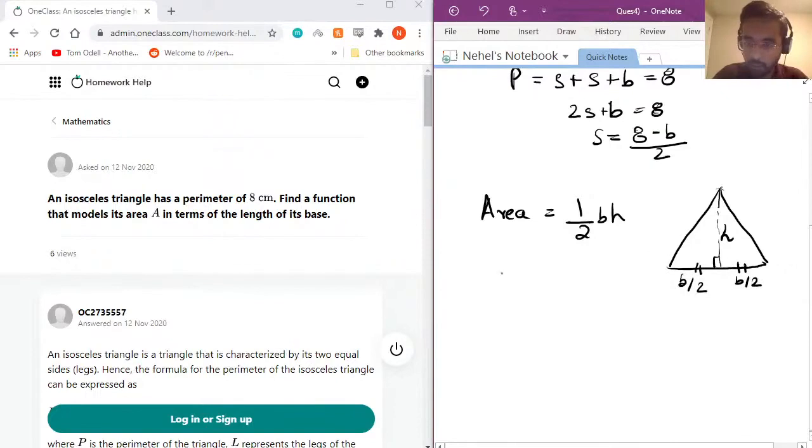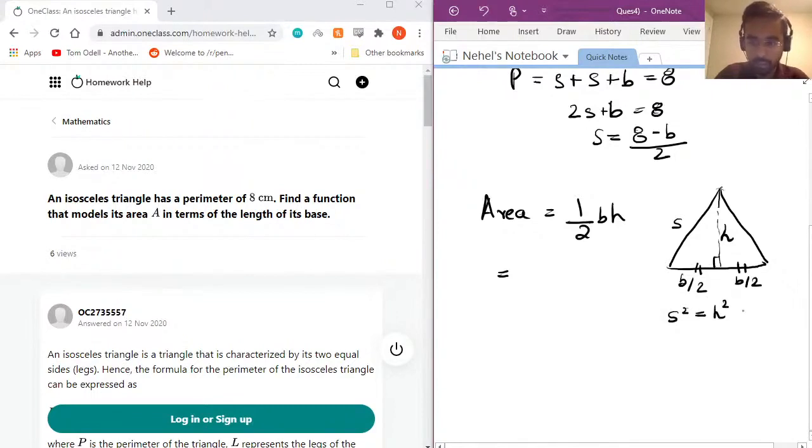So now, to get the height we need to use the Pythagoras theorem, and this side was S. According to the Pythagoras theorem, the square of the hypotenuse for a right angle triangle is equal to the sum of the squares of the two sides.